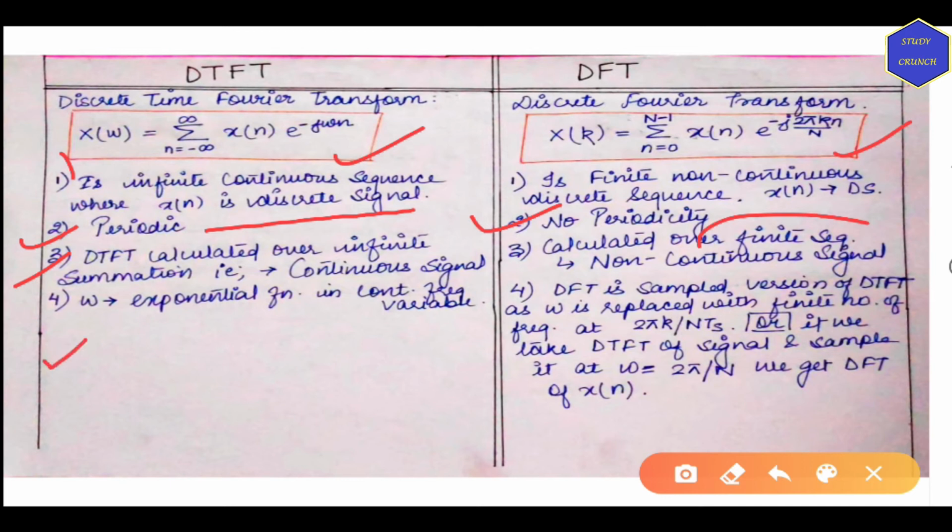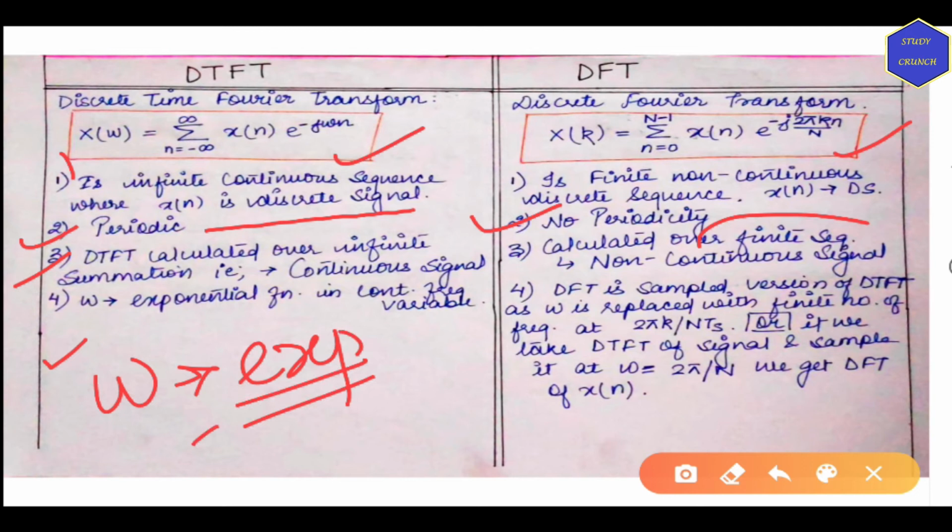Then in DTFT we have a term omega, right? The omega is an exponential function, the exponential function in the continuous frequency component. In DFT what we did was we replaced the omega with 2 pi by n, right?